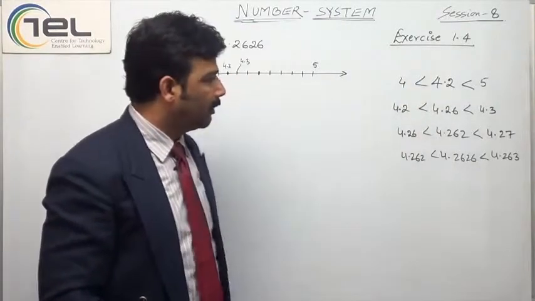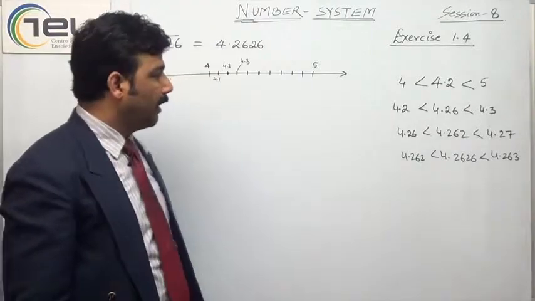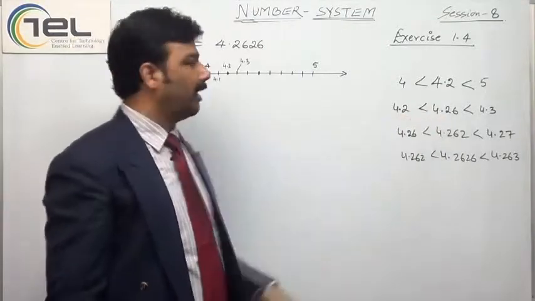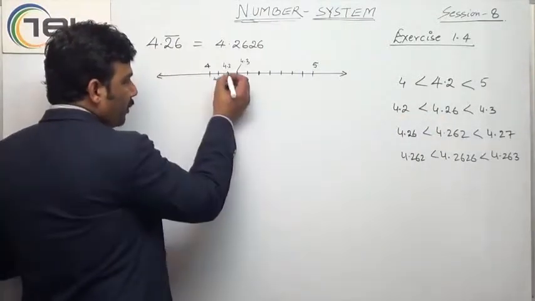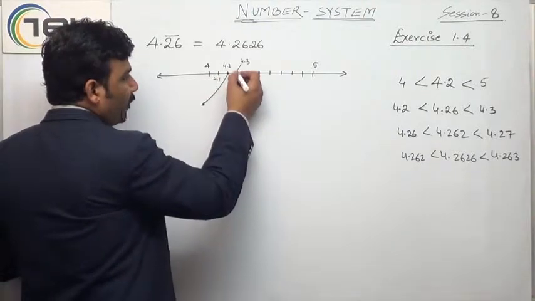Now we come to 4.26. It lies between 4.2 and 4.3. So 4.2 is this one and 4.3 is this one.